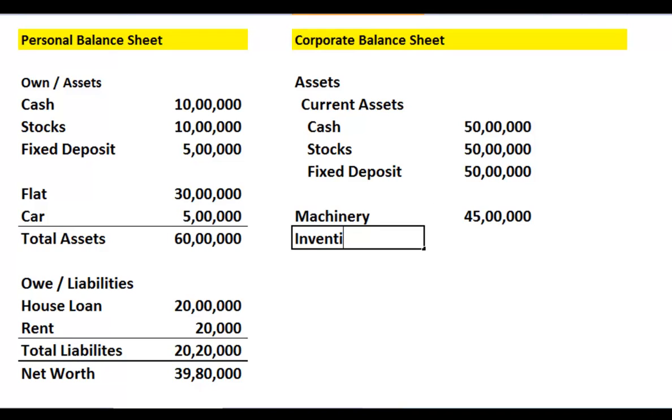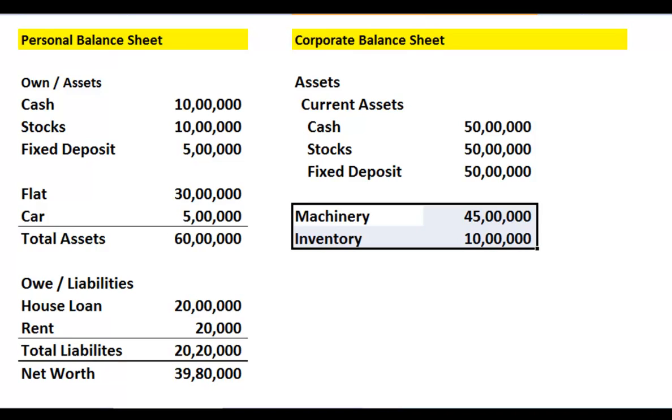Then they have some inventory. What is inventory? We saw in our previous example. Inventory is essentially that Domino's or any company has got cheese and olive oil and vegetables and all that in stock in some godown somewhere so that they can be prepared for the next week's demand. That's something the company owns. It's its own asset. Maybe they have inventory worth 10 lakhs.